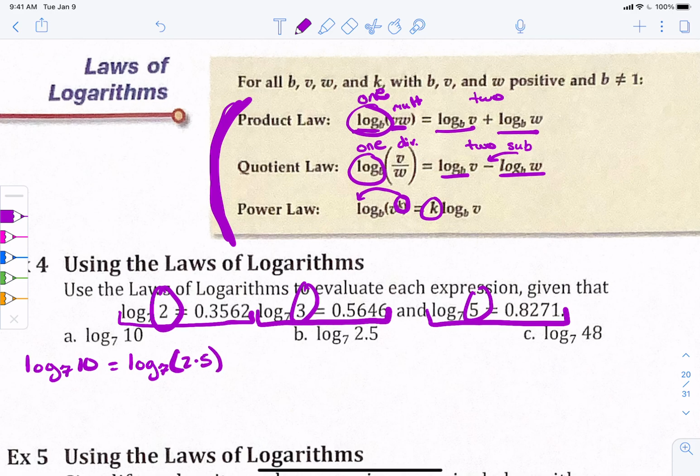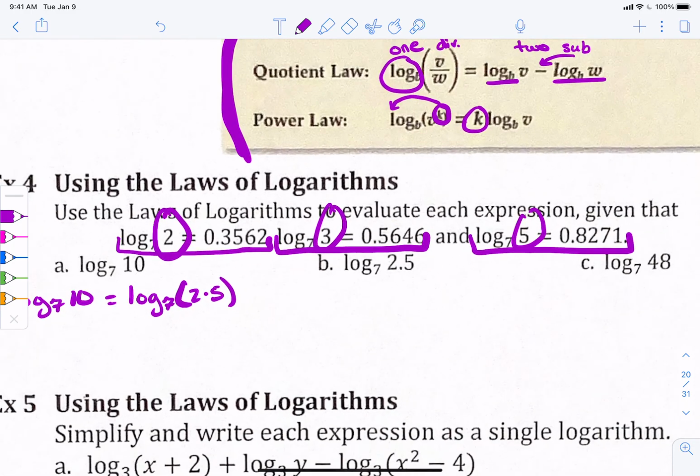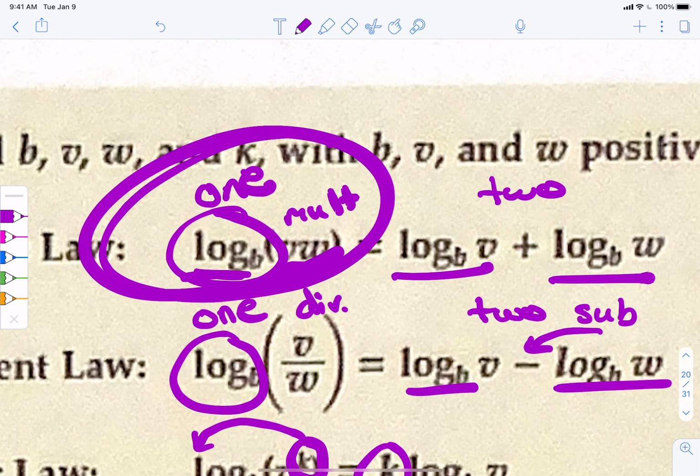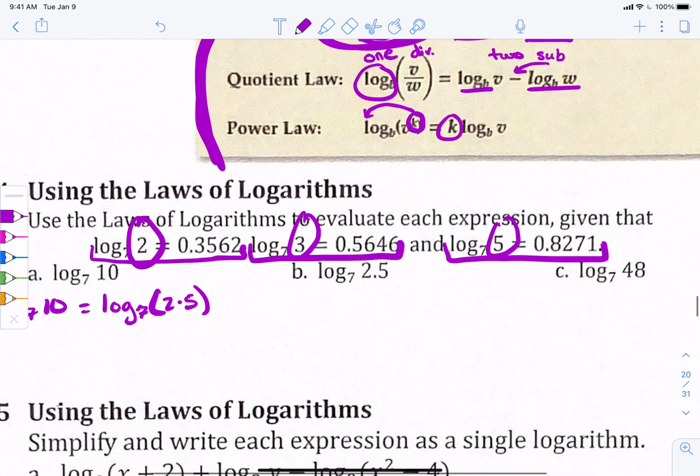I'm going to write it like that. If you add them all together, it's 10. No, we don't want to add them all together. If it's one log, this is where people get confused, it has to be multiply on the inside to become two logs that you're adding. So it has to be multiply on the inside. These two can separate into two different pieces, log base 7 of 2 and log base 7 of 5, but you have to add in between them.